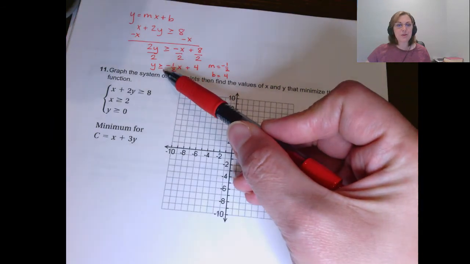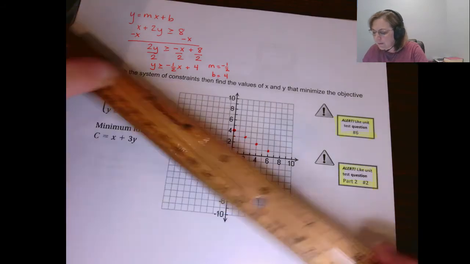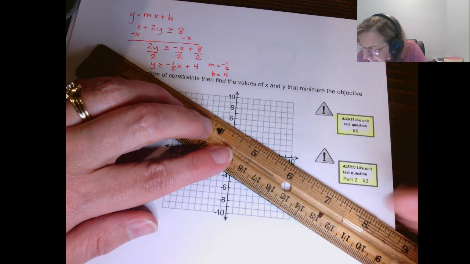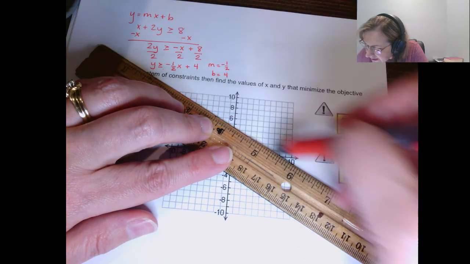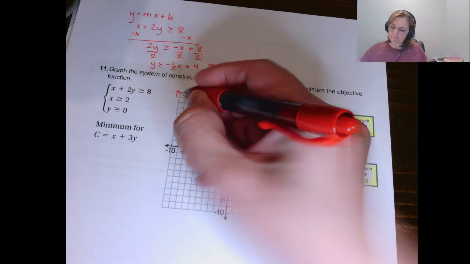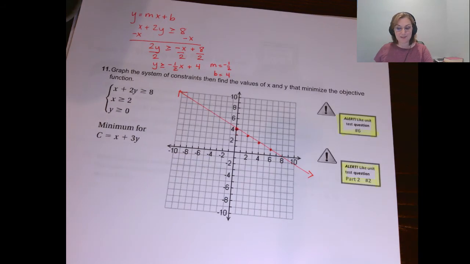Looking at that equal to underneath there, that looks like it is a solid line. So I'm going to line up my ruler here and draw a solid line. If you saw my previous video about coloring in math, this is one of those instances when we get to do that.